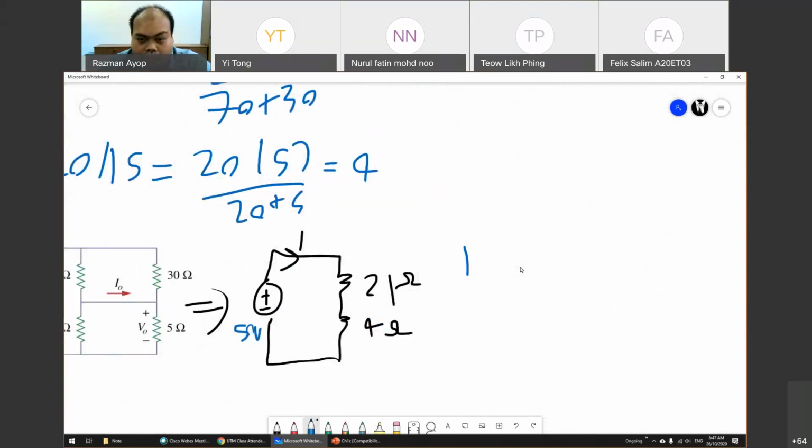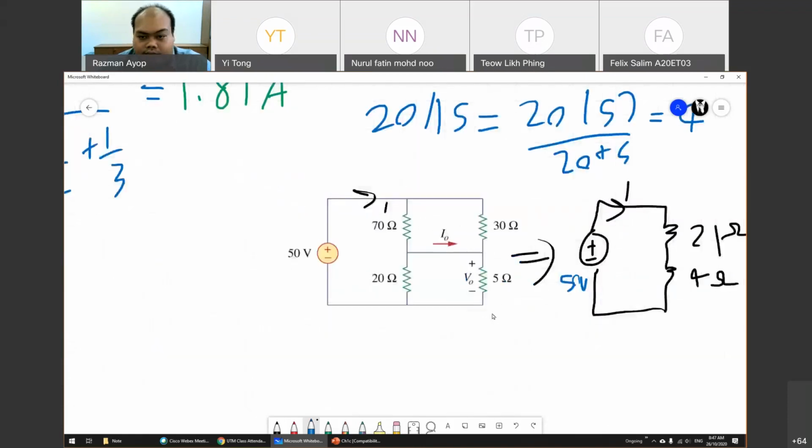Use Ohm's law, I equals 50 divided by 21 plus 4. So you get 2 ampere. Then this one is also 2 ampere.